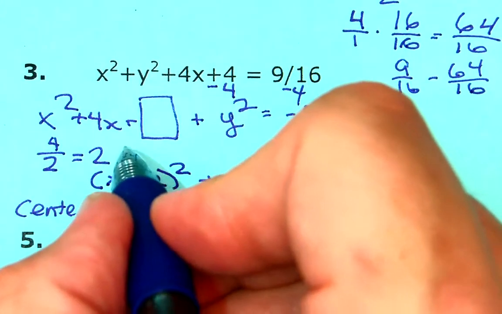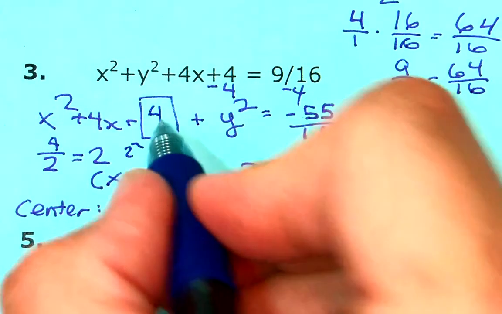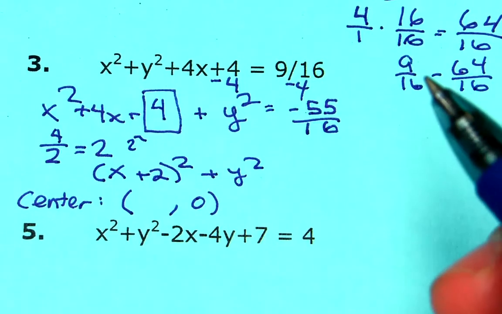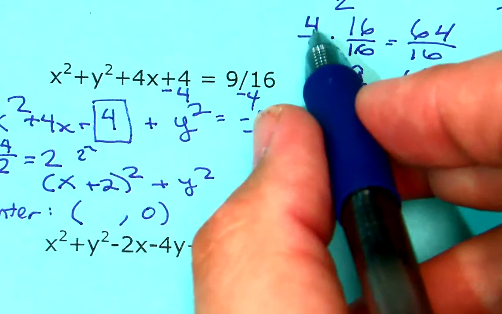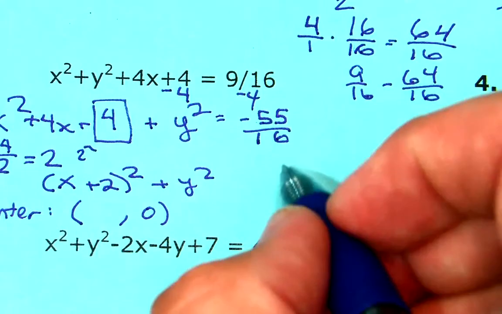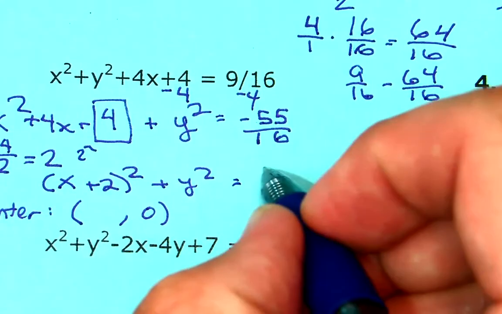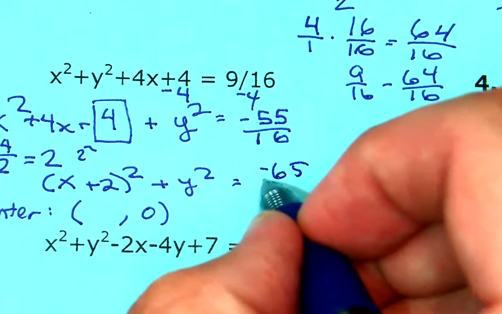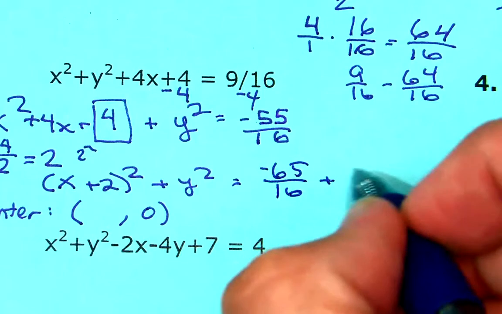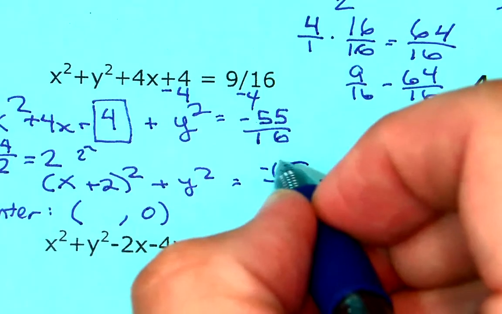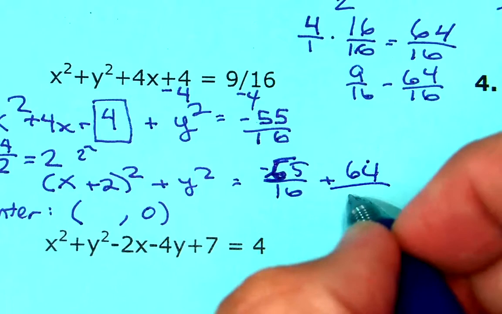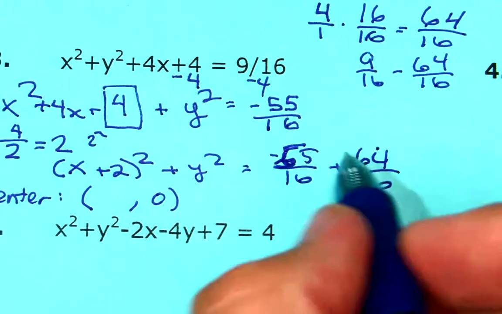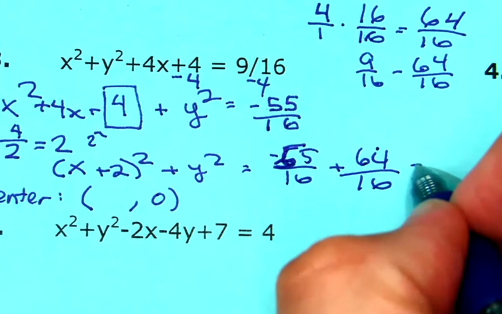Now, what's 2 squared? 4. All right, so now I need 4 again. But I already did that up here. 4 converted into 16ths is going to be 64 over 16, and I have negative 55 over 16. If I add those together, what do I get?